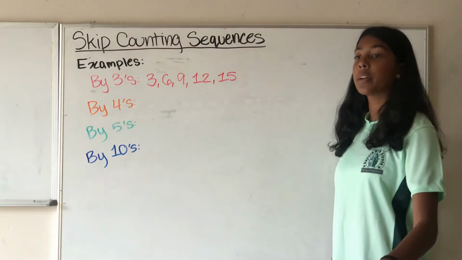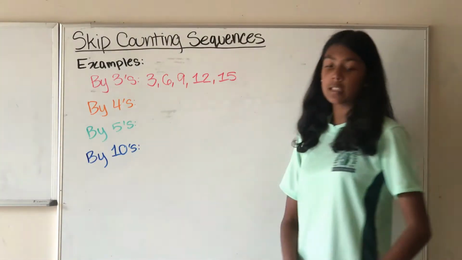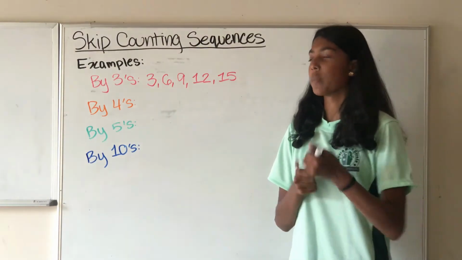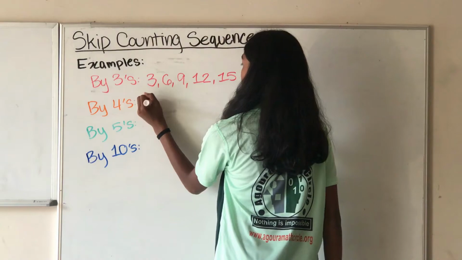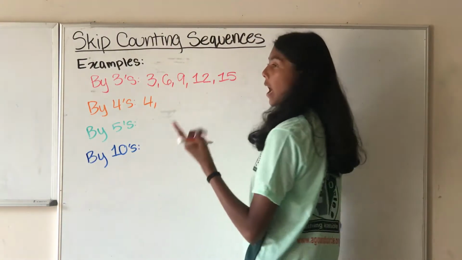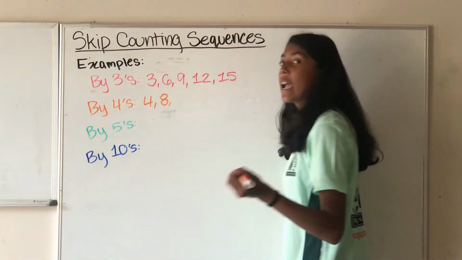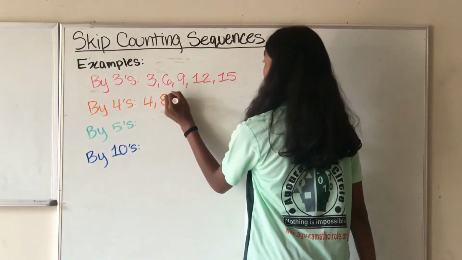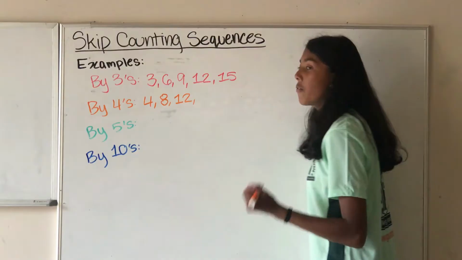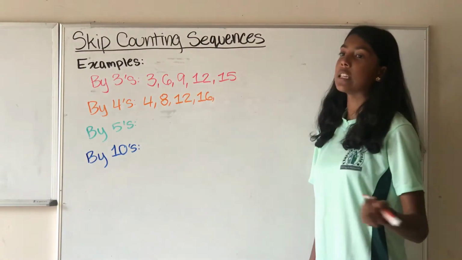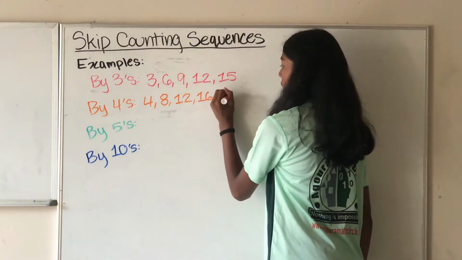Now we're going to do counting by 4s. This is going to be a bit harder because no one likes to count by 4s. So they are going to be 4, 5, 6, 7, 8, 9, 10, 11, 12, 13, 14, 15, 16, 17, 18, 19, and then 20.